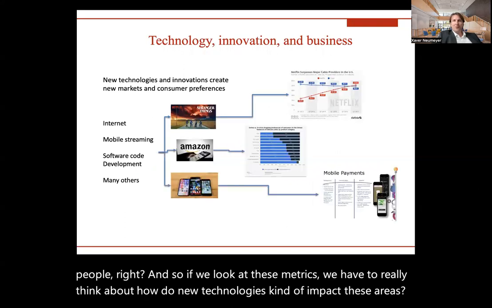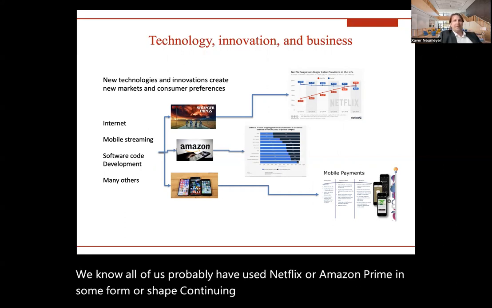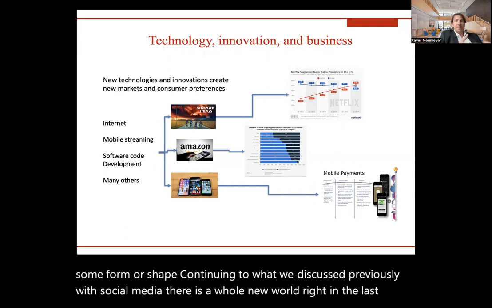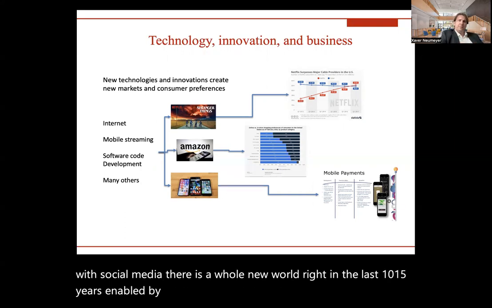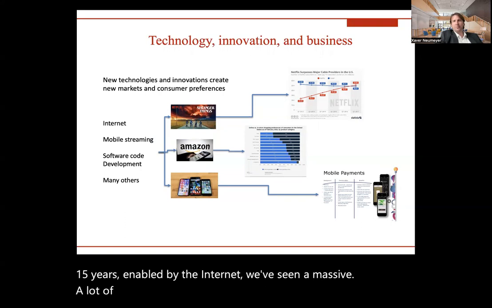We know, all of us probably have used Netflix or Amazon Prime in some form or shape. Continuing what we discussed previously with social media, there is a whole new world, right? In the last 10, 15 years, enabled by the internet, we've seen a lot of massive disruption events, right? Blockbuster goes out of business.